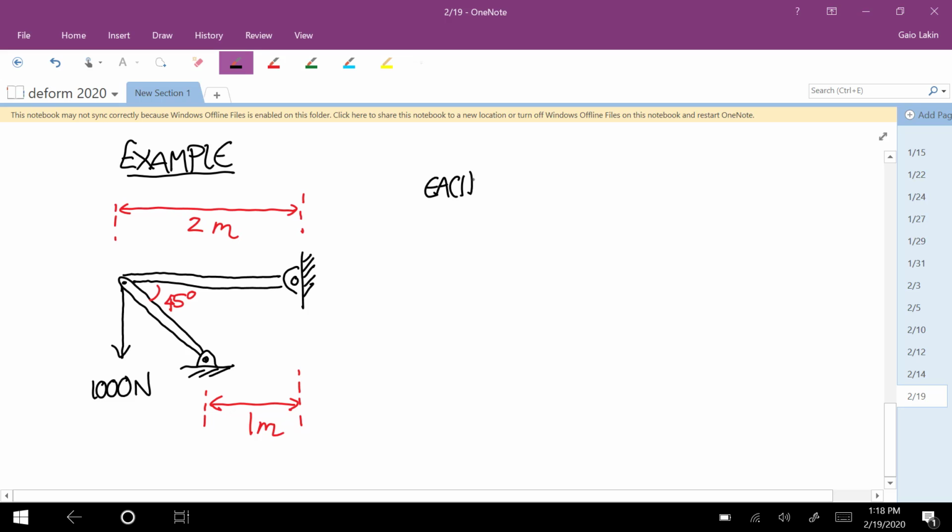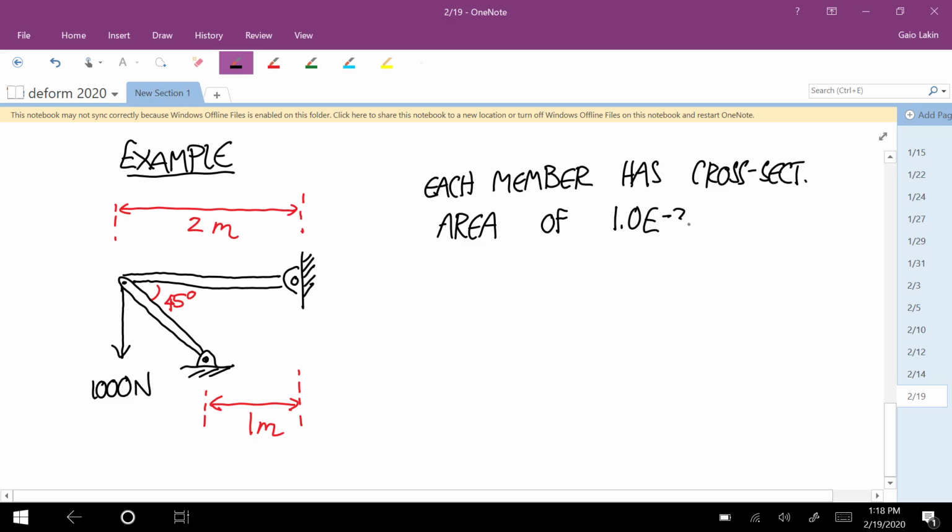Let's say that each member has a cross-sectional area of 1.0 times 10 to the minus third meters squared.